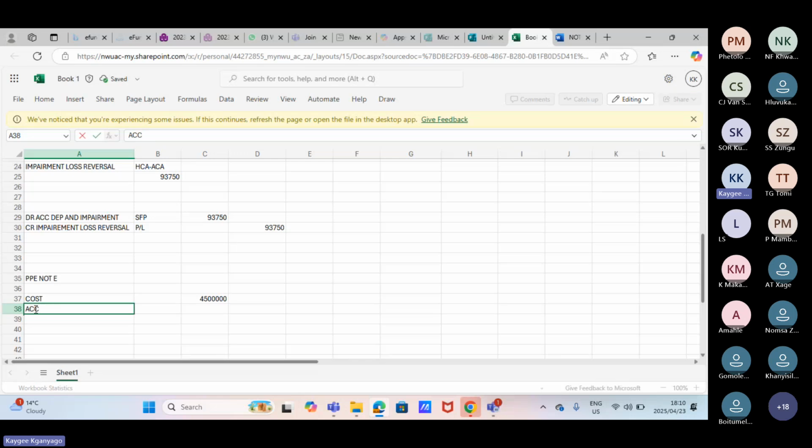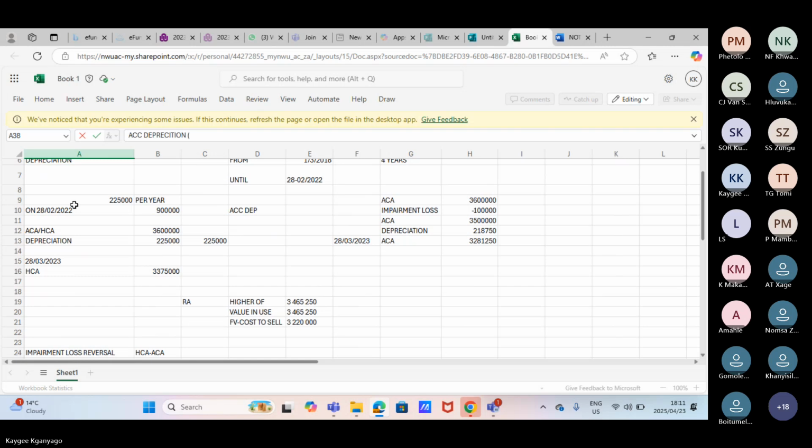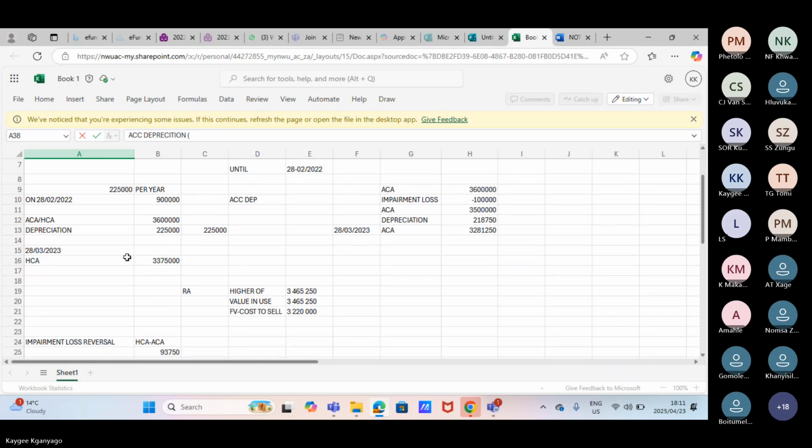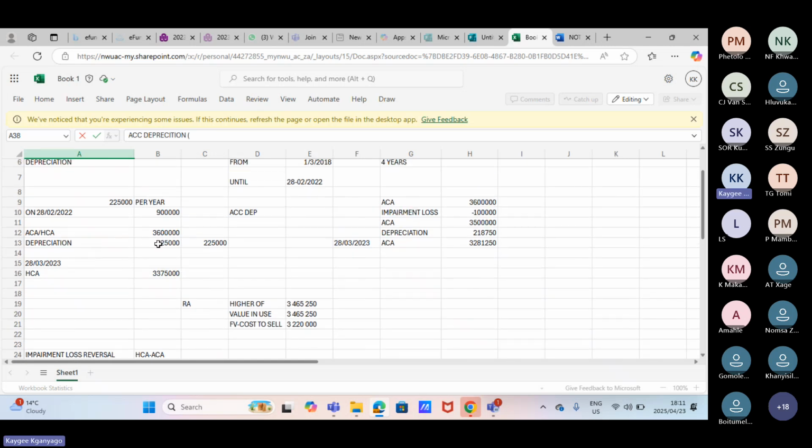Then my accumulated depreciation at the beginning. It was going to be this balance. Do you agree?